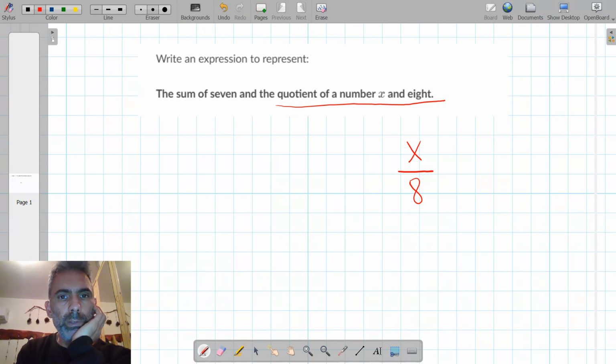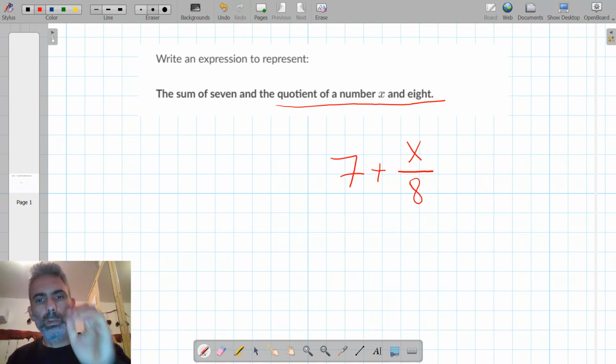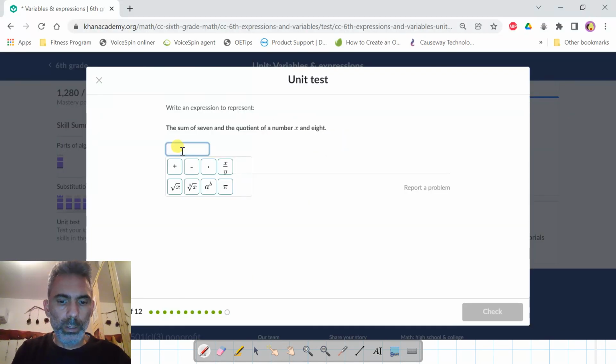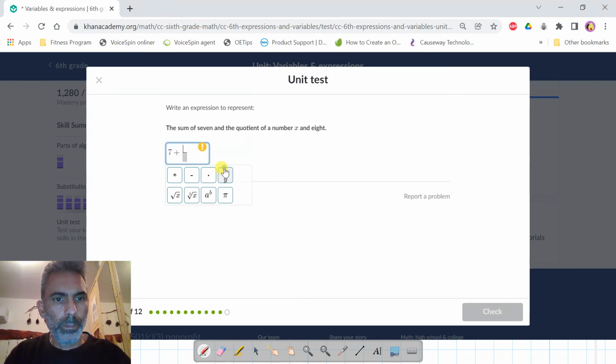The sum of 7 and this quotient is 7 plus this quotient. Okay, 7 plus x divided by 8.